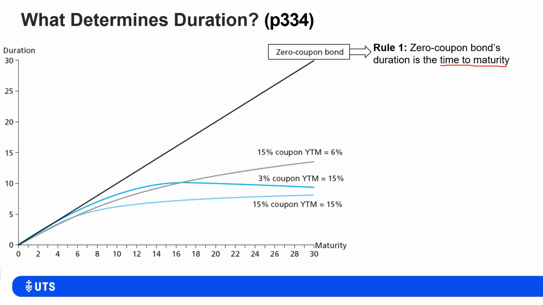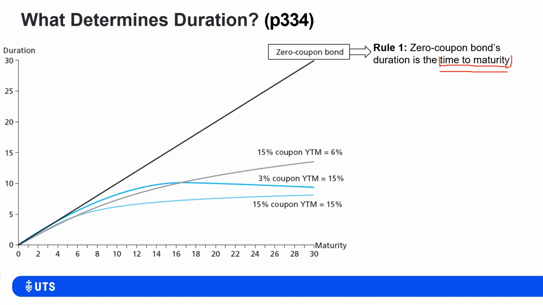Now let's discuss the determinants of duration, which should just be the determinants of interest rate risk. For rule 1, it says a zero coupon bond's duration is just its time to maturity. How can we obtain this judgment? We can resort back to the original definition of Macaulay's duration, a weighted average of the times of each payment.